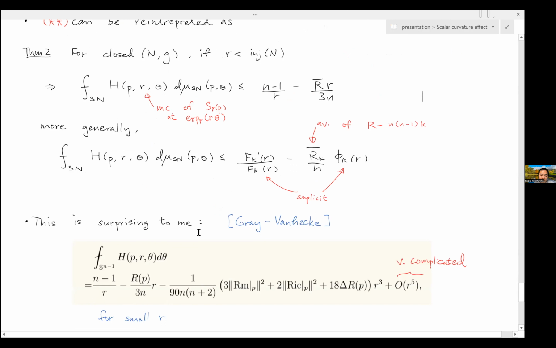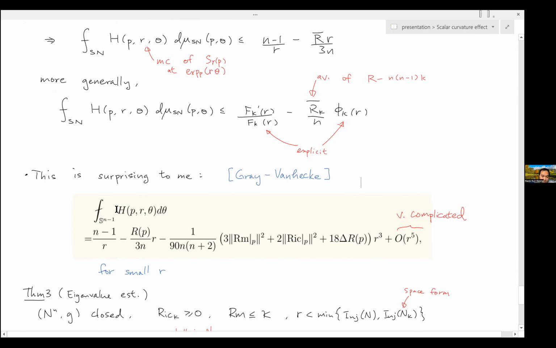This is also quite surprising to me because Gray and Vanhecke proved something like this. They basically compute the mean curvature integral with respect to theta. It turns out for small r, the theta expansion is something like this.